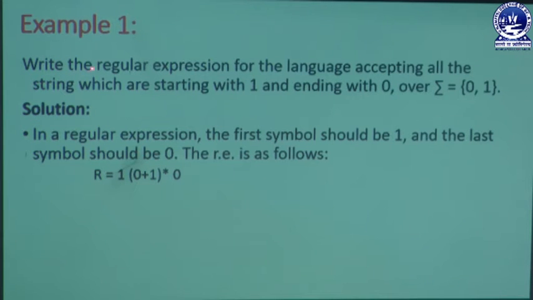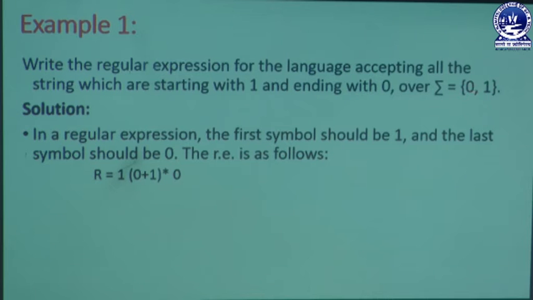Write the regular expression for the language accepting all strings which start with 1 and end with 0. Over the summation of 0 and 1, we have an input symbol that can take two values, the strings 0 and 1.